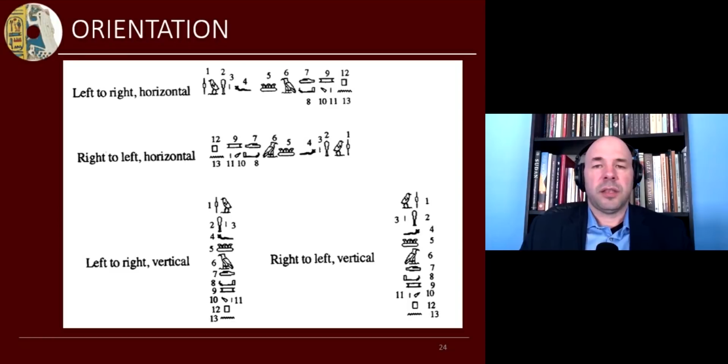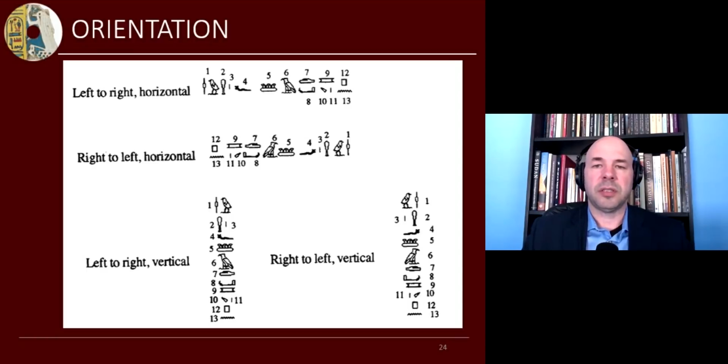Now, when you're looking at these stela and you want to know which direction you're supposed to read the hieroglyphic script, the general rule is that you read into the face of the signs. So when you're looking at these texts and you see that the little bird signs, for example, are facing to the left, that means you start at the left. So the signs will face the beginning of the inscription.